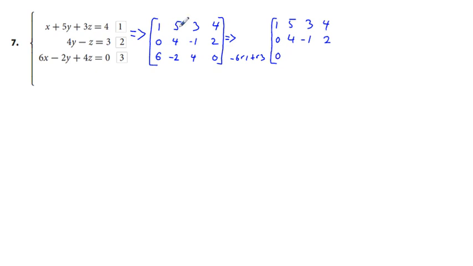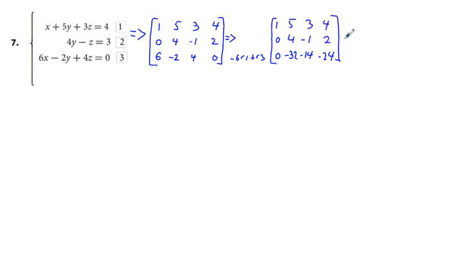And then negative 6 times 5 is negative 30, plus negative 2 is going to be negative 32. And then we have negative 6 times 3 is going to be negative 18, plus 4 is going to be negative 14. And then 4 times negative 6 is going to be negative 24. So that's what that one is going to be.